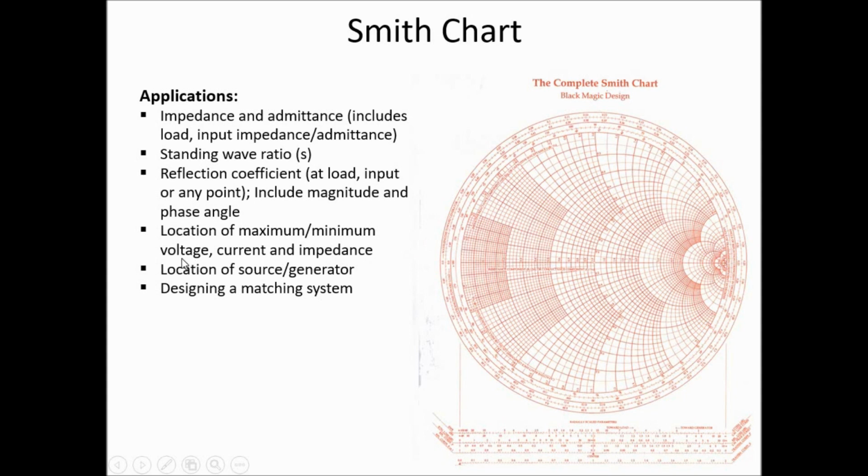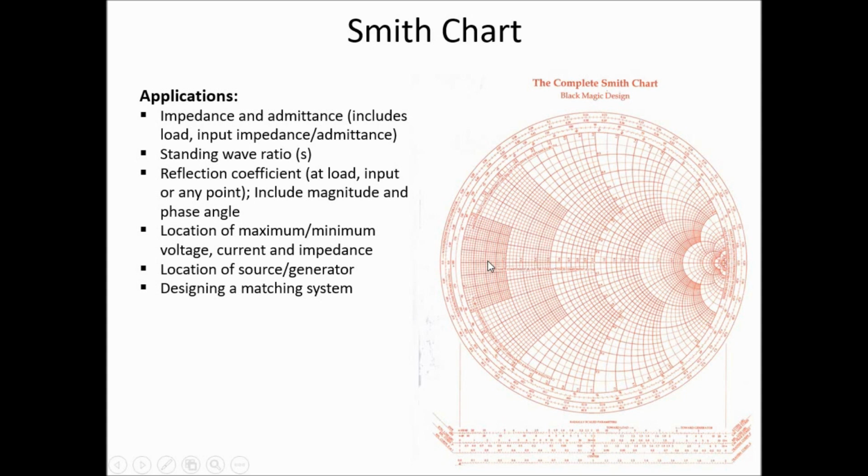As it is said, when voltage is maximum, impedance will be maximum too, because voltage maximum and current minimum give you impedance maximum. Impedance equals voltage over current. So impedance will be maximum if voltage is maximum and current is minimum. Similarly, impedance will be minimum when voltage is minimum and current maximum. So the point at the right has the maximum voltage, maximum impedance.